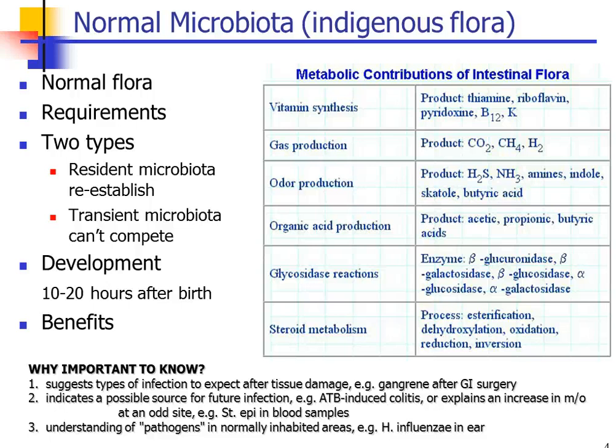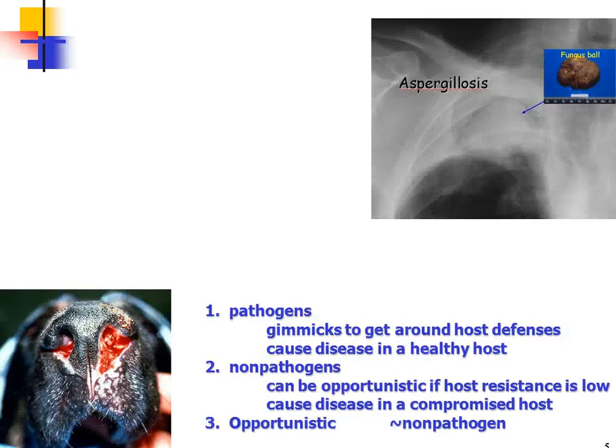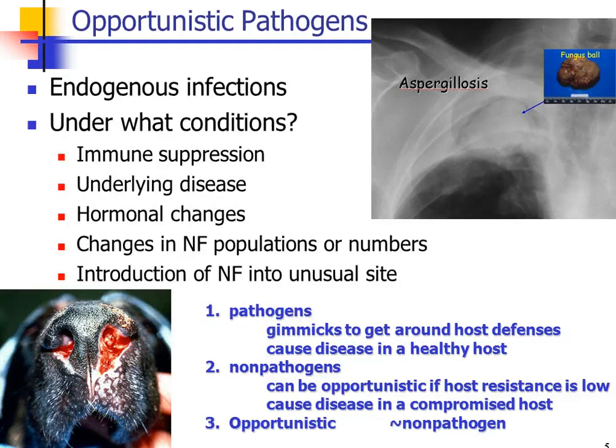It also is going to potentially determine a future type of infection. Okay, so look at the three groups of organisms down towards the bottom in blue. Organisms that are pathogens. These are organisms that are professional pathogens. They're always pathogenic, no matter in what kind of person. They have gimmicks. They have tricks to get around host defenses.